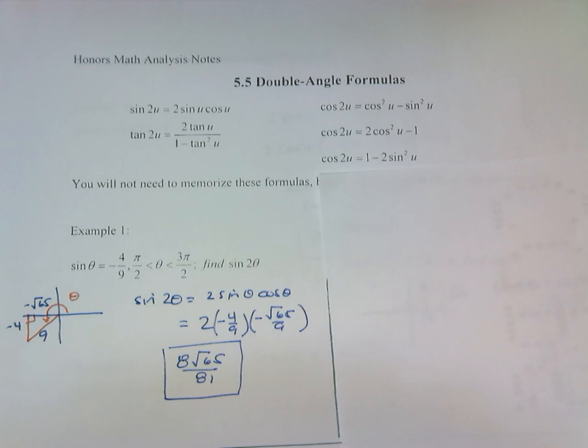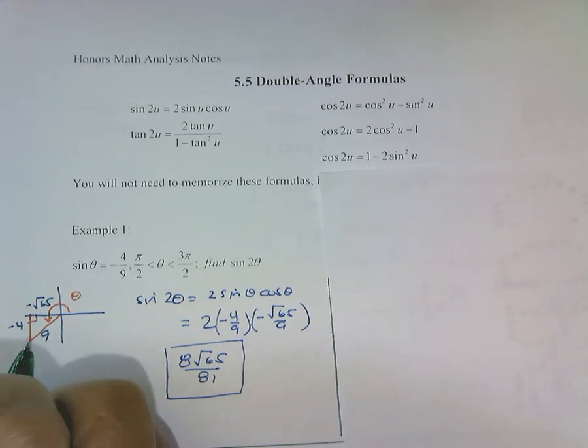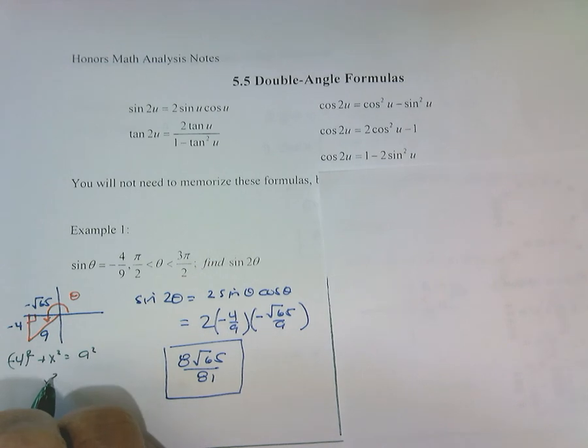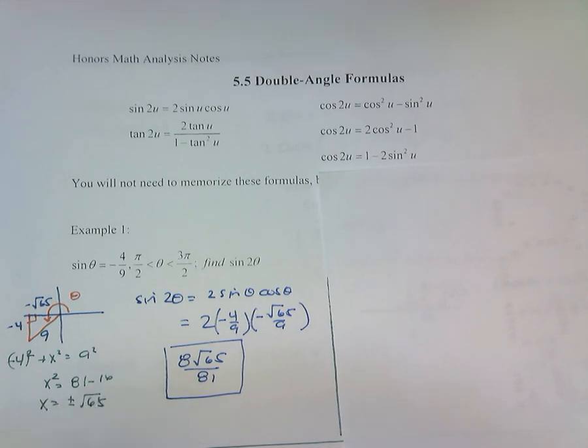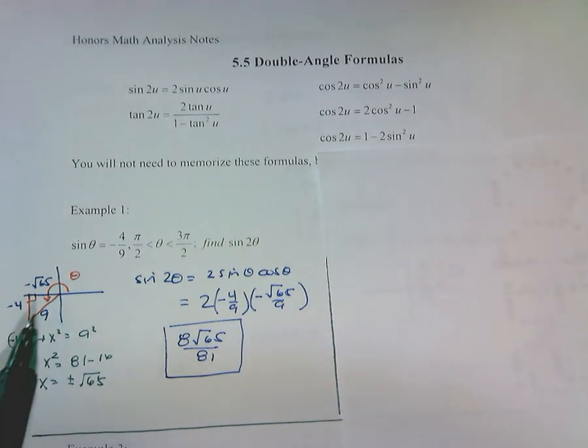Remember, hypotenuse will never, ever be a negative number. Then I use -4 squared plus x squared equals 9 squared. So x squared equals 81 minus 16. So that's where I got plus or minus the square root of 65. But since I know that I'm going left, it has to be the negative.